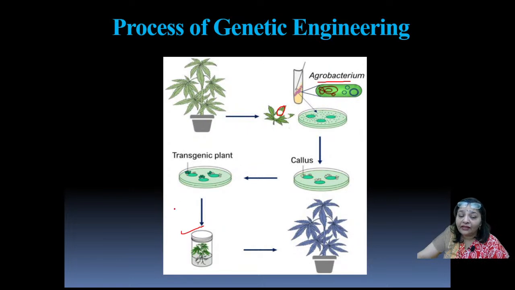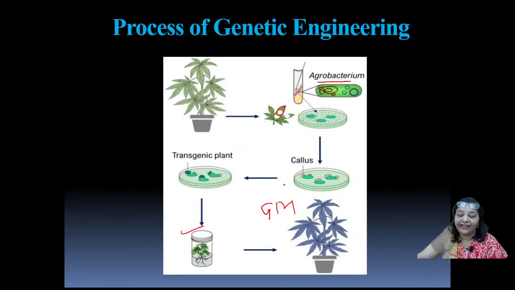But now these plants are not normal natural plants. We call these plants genetically modified plants, or GM plants, or simply transgenic plants, in which the genes are being transferred, the genes are being manipulated.